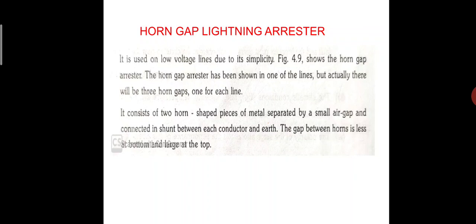It consists of two iron, horn-shaped pieces of metal separated by a small air gap and connected in shunt between each conductor and earth.